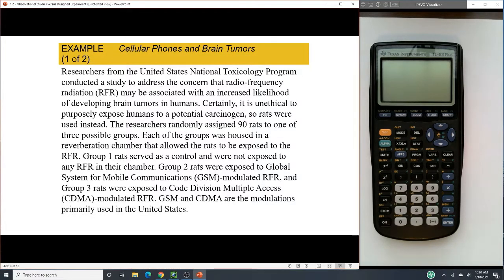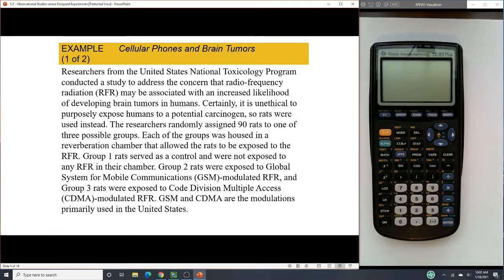Then researchers from the U.S. National Toxicology Program conducted a study to address the concern of radio frequency radiation and whether it is associated with developing brain tumors. Since they couldn't do that on humans, they did it on rats.